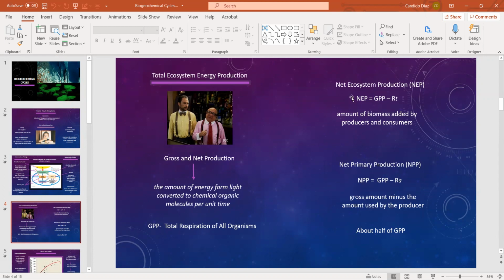You then have in an ecosystem the amount of biomass that's added by producers and consumers, right? So organisms are losing heat, but they're eating, they're adding fat, they're adding mass, their plants are growing. And so NEP is the amount of biomass that's added in addition to sustaining yourself.